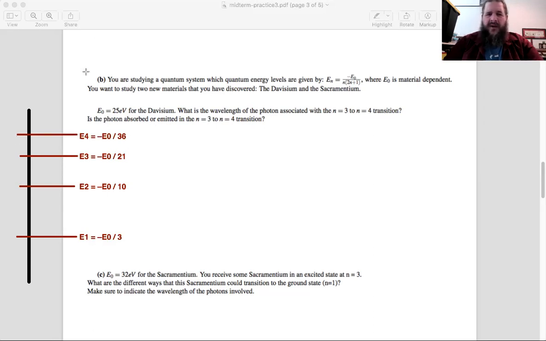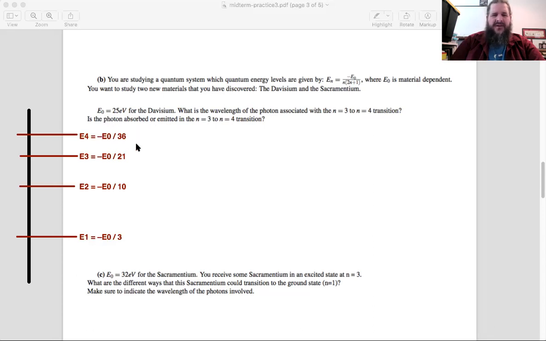We could keep this going up further, but for this problem, we only need to go up to 4. So we're going from state 3 to state 4. Is that an increase or decrease in energy? That is from negative E0 over 21 to negative E0 over 36.